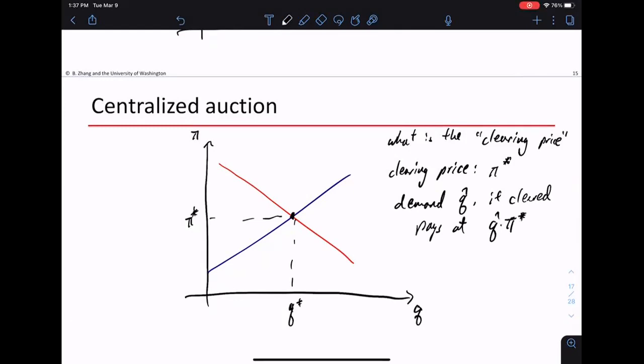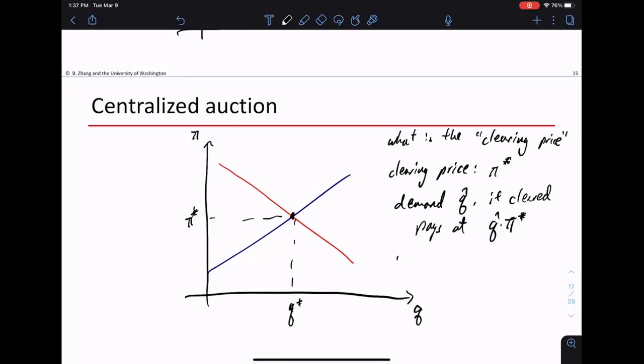So it doesn't matter what your actual bid is. You may very well have bid at a price higher than pi star. It doesn't matter. You will still pay at the price pi star. So you pay at this equilibrium price pi star.